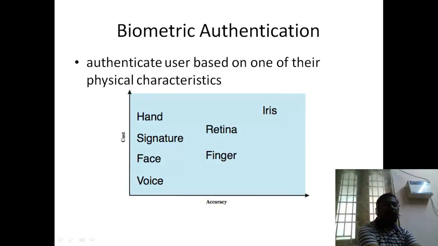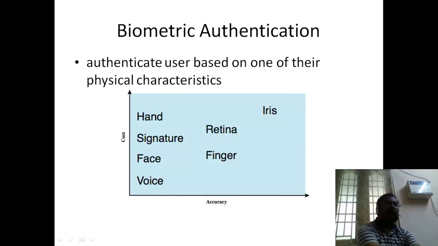So what is biometric authentication? You know that nowadays we are prone to use biometric devices. If you go to any offices, or universities, or any other working places, we have this biometric authentication, which is the primary way of authenticating users.